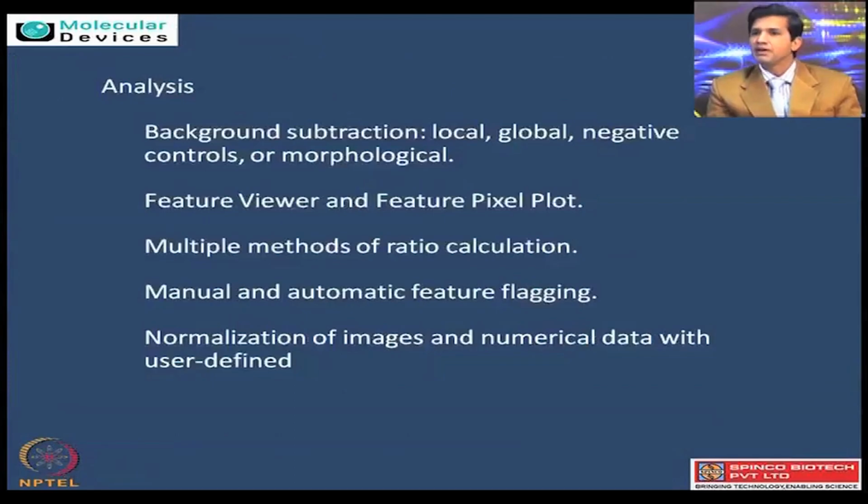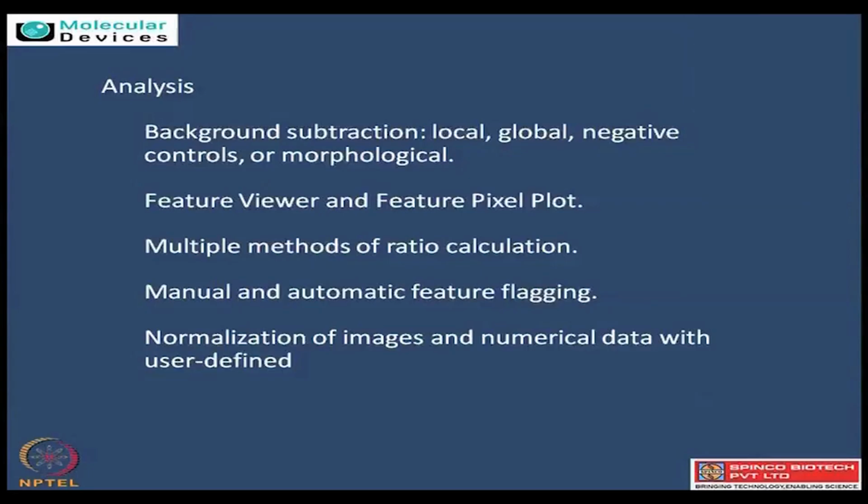So in any microarray, after the image, the first thing that comes is the alignment, which we have just covered in the form of data acquisition, because that is a very important part to cover. And apart from that, you have background subtraction so that you get a true signal. GenePix Pro helps in background subtraction in different formats, and also in the normalization of the features. The background subtraction can be done in the form of local, global, and negative or morphological control.